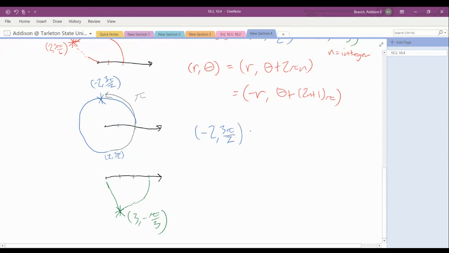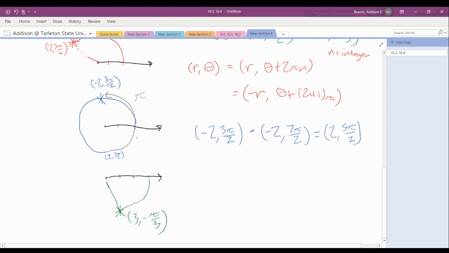But we could rewrite that by traveling 2π one more time around, and say that we could have (-2, 7π/2), since that's essentially just taking one more rotation from this point. Or we can also say that this could be (2, 5π/2), because in that case, we're not having to switch sides again.